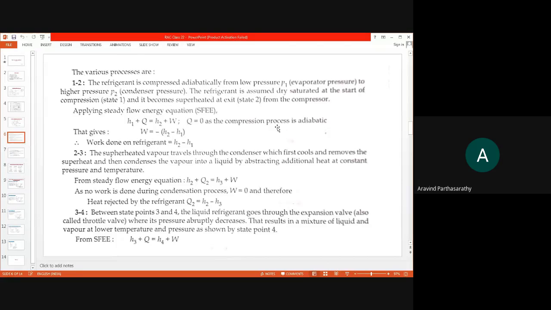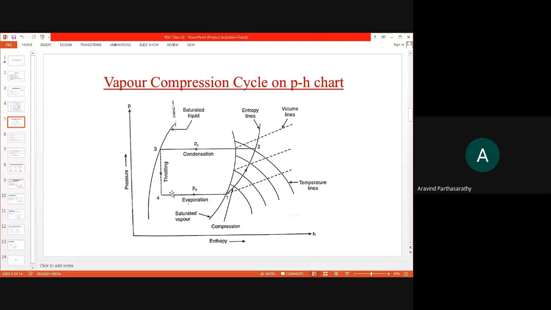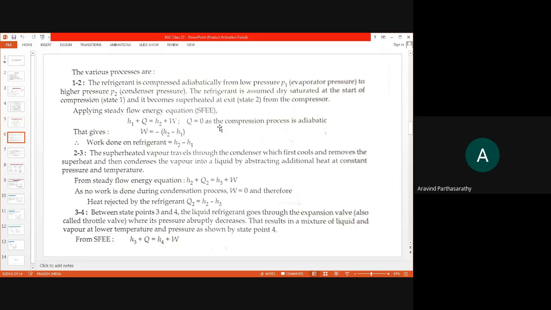So Q is 0, because the heat is only added in the evaporation and heat is rejected in the condensation process, but not at point 1. So Q equals 0, and you get W equals minus of H2 minus H1, and the work done on the refrigerant is H2 minus H1, that is the formula.